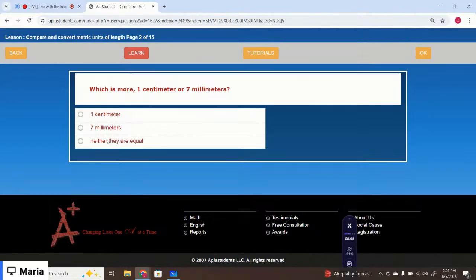Which is more, 1 centimeter or 7 millimeters? 1 centimeter is more than 7 millimeters because 1 centimeter is equal to 10 millimeters.